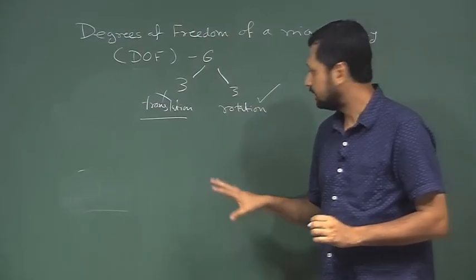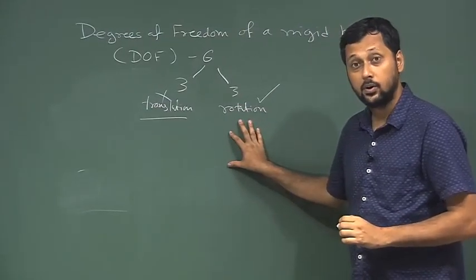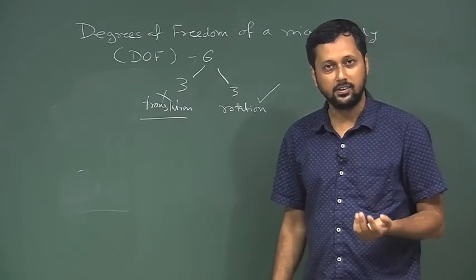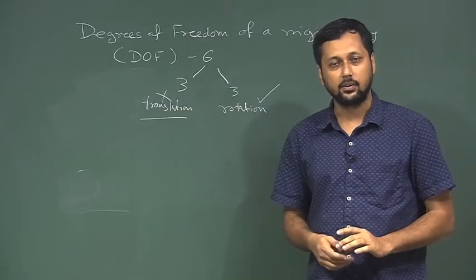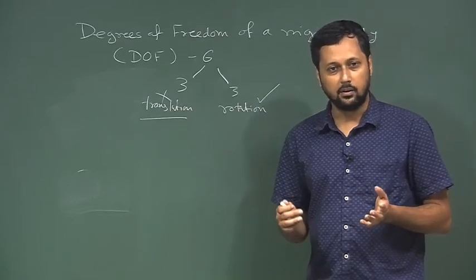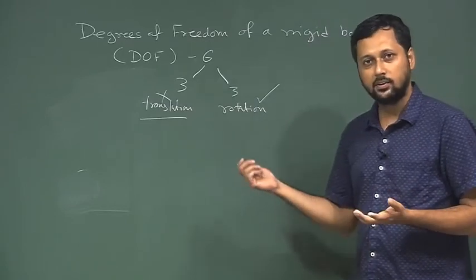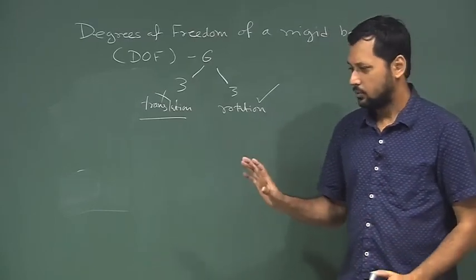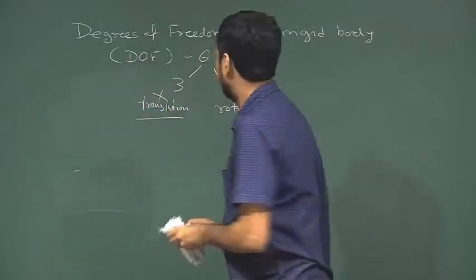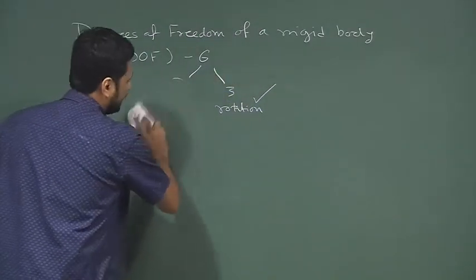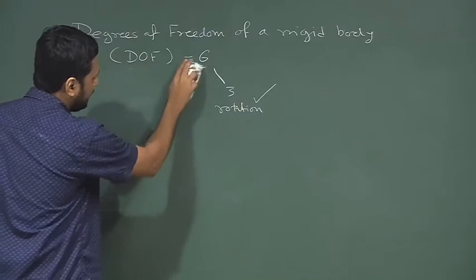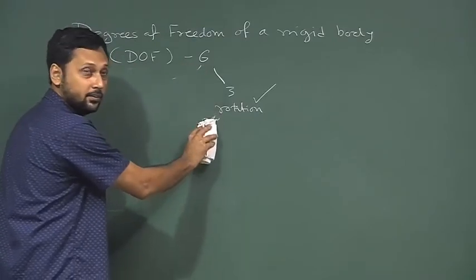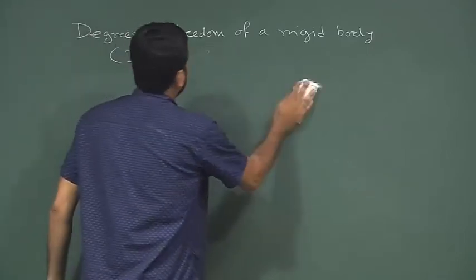Later on we will see that we need 3 coordinates in general, and that Euler's angles can serve as these 3 coordinates, which will be very advantageous in certain aspects. But right now we will just discuss the general rotational dynamics of a rigid body. So, out of that 6, 3 we will never consider, we will consider only these 3.